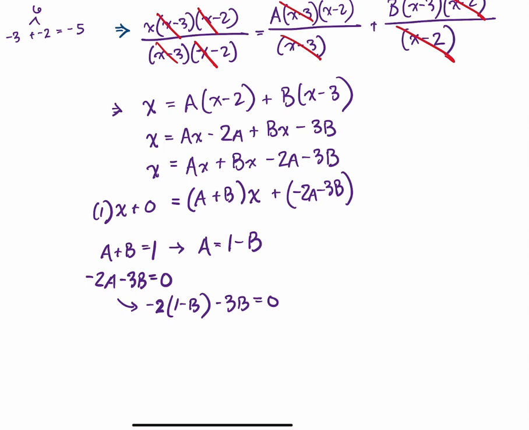Now we can solve this for b. Let's distribute the negative 2. This becomes negative 2 plus 2b minus 3b equals 0. So I'll add the 2 over. 2b minus 3b is negative b equals positive 2. So that means b must be equal to negative 2. So that's one of our unknowns that we needed to find.